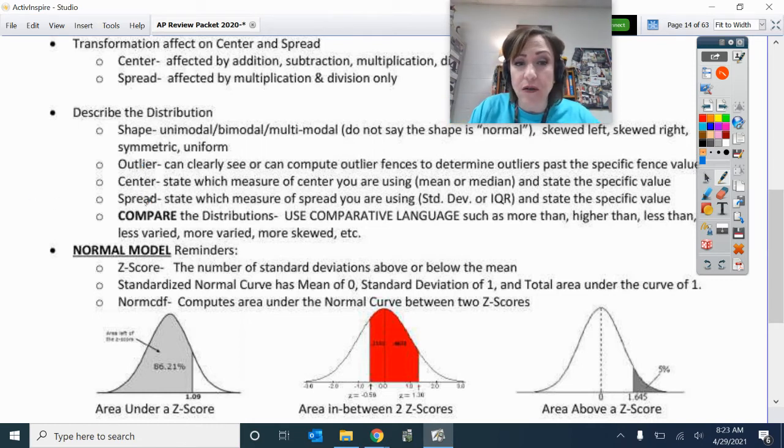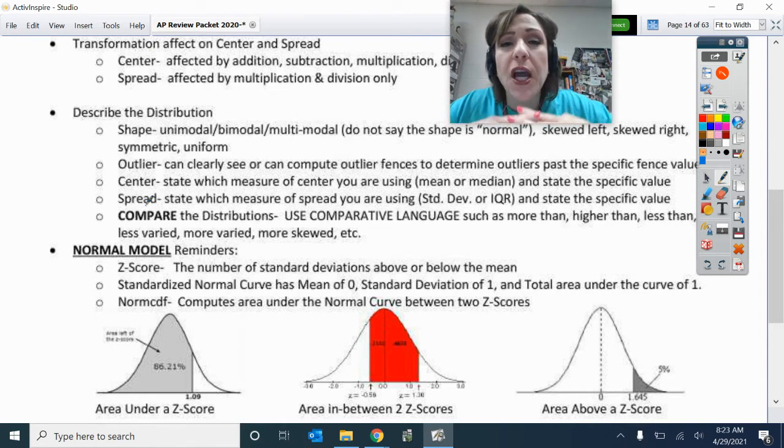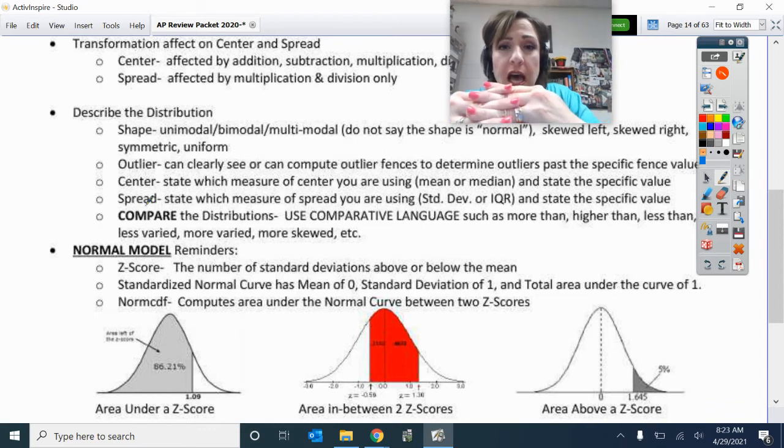All right, now, if you are asked to compare the distributions, be very mindful to not say, here's the SOCS for this distribution, here's the SOCS for this distribution, and then be done. No. Connect and compare. Use comparative language.